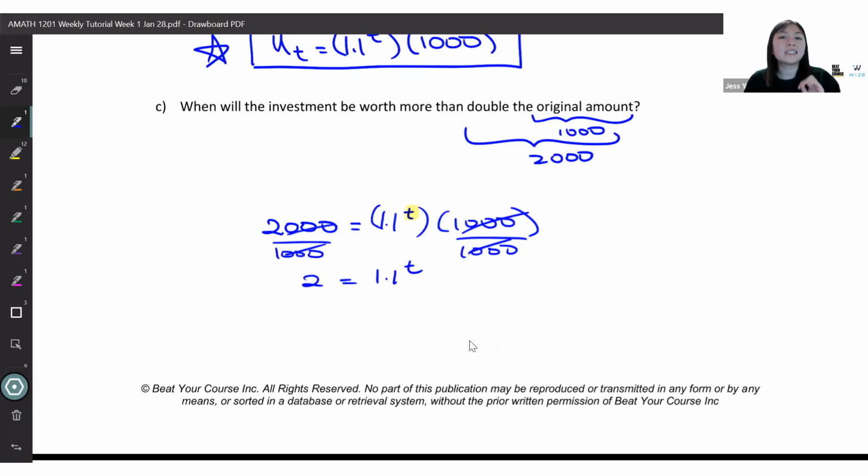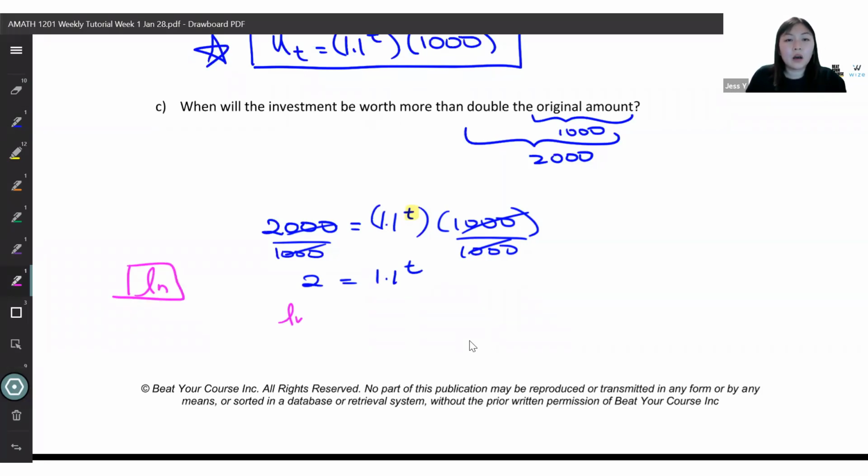Now we need to bring this t down. We don't want it as an exponent anymore. So think back to all your calculus stuff or all your high school math stuff. If you have your variable in your exponent and you want to solve for it, your best friend is your ln. We're going to take the ln of both sides.